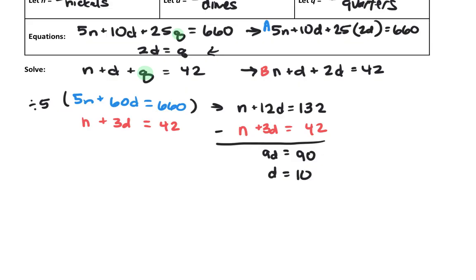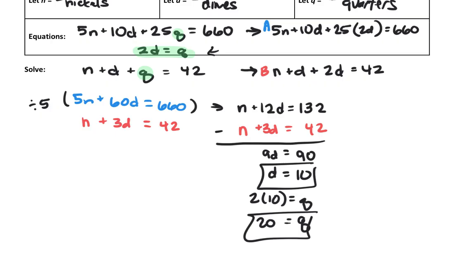Well, we know from up here, I can solve for Q right away. So 2 times the number of dimes is equal to the quarters. So the number of quarters is 20.